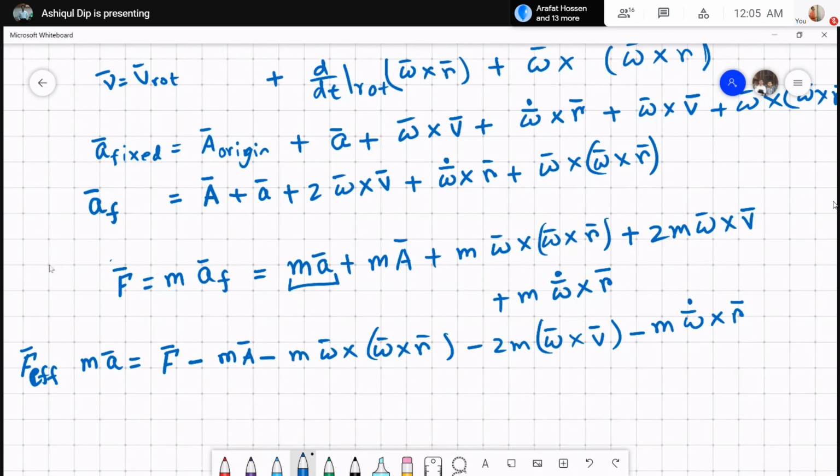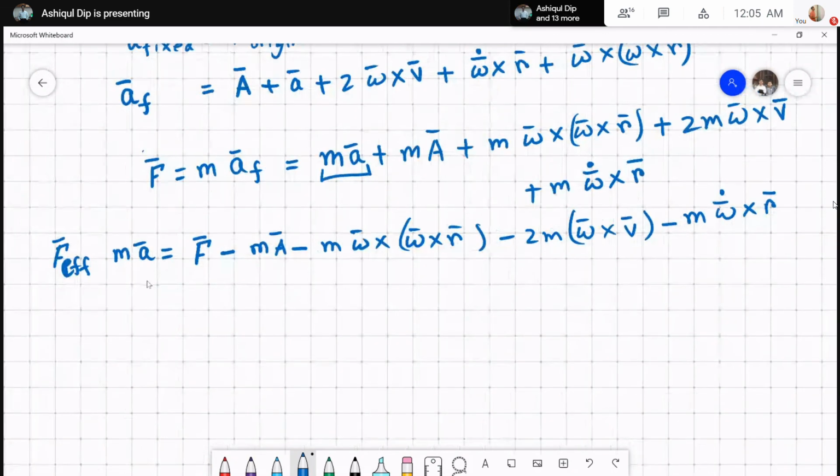So look, we have recovered our F equals MA form, but we had to tweak our definition of force. F equals MA is again recovered, but our definition of force is now a little bit changed. So we have to add some extra terms. Fictitious forces. These are fictitious forces, right?